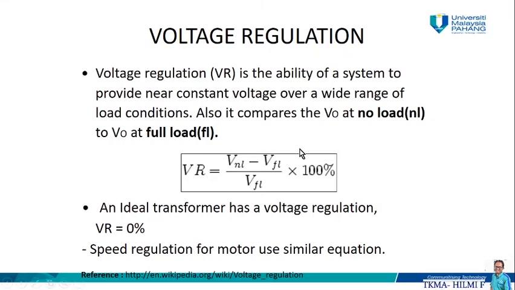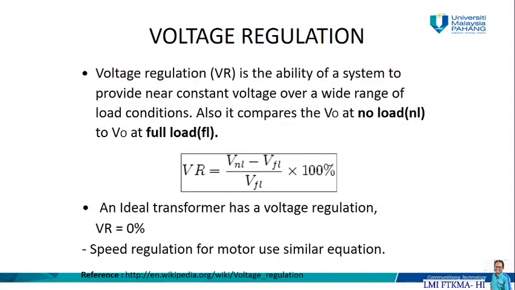For an ideal transformer, the voltage regulation is given by this equation, where the voltage at no load minus the voltage at full load, over the voltage at full load, remember that these are all output voltages, times 100%. An ideal transformer will have a voltage regulation VR equal to 0.